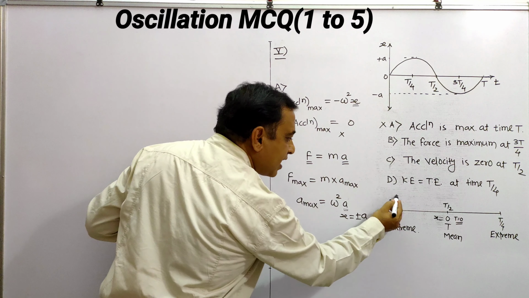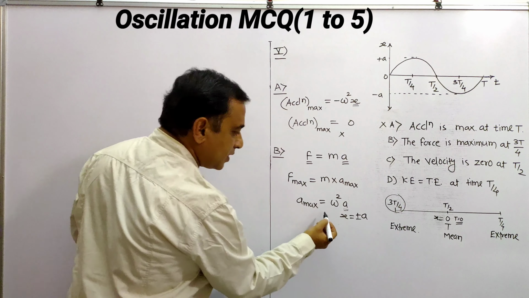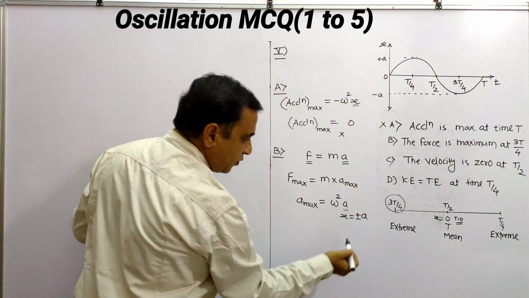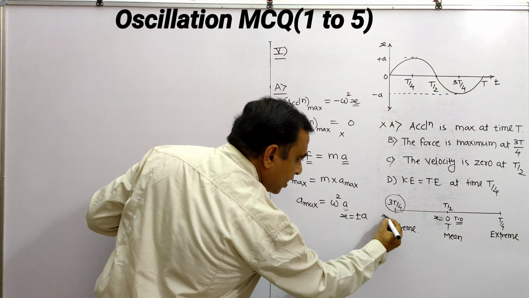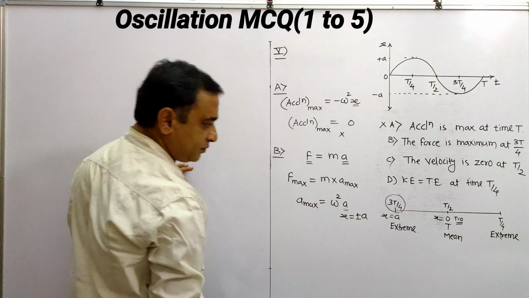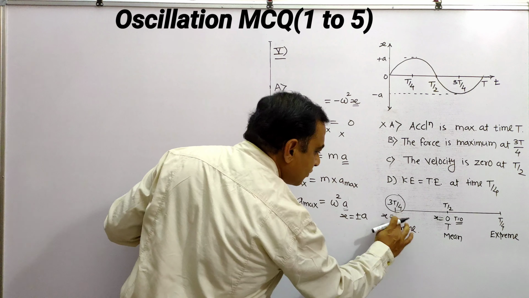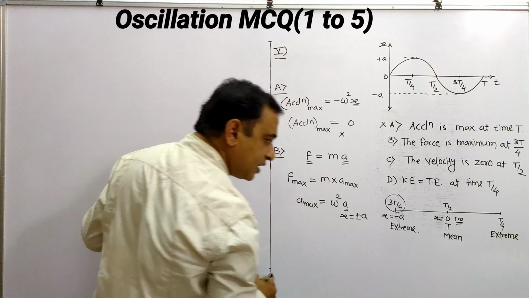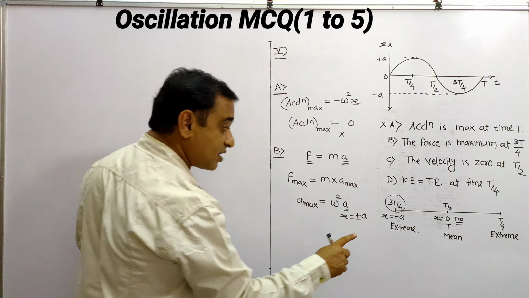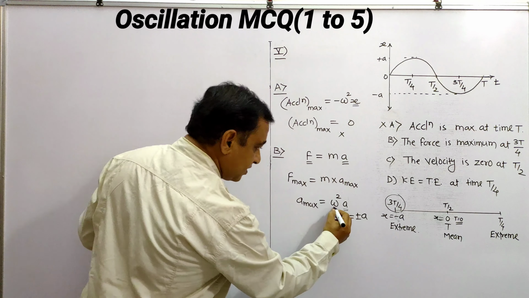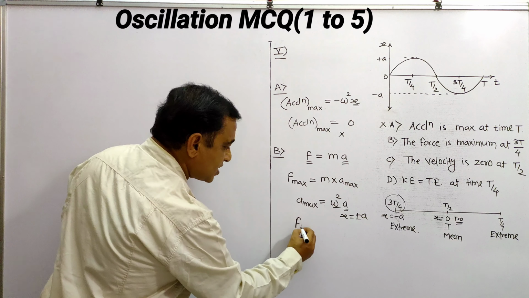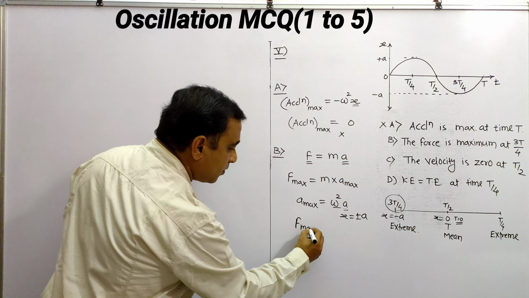So it is situated at this position, at 3T by 4. At 3T by 4, x is equal to A, or we say that x is equal to minus A as far as the direction is concerned. But I need to consider the magnitude. So this is the maximum value and the force is also maximum.